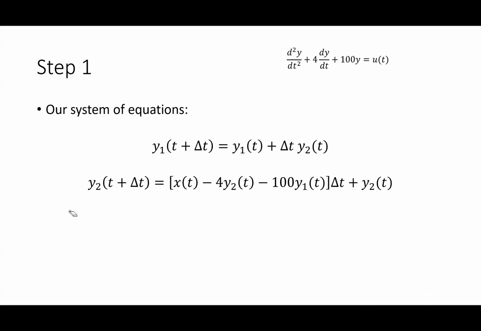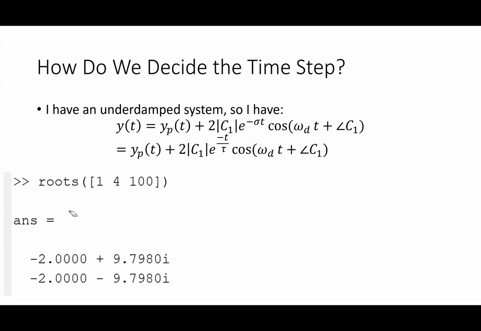All right. So basically, what that means in this particular case is that my response looks like this. I know that I have a constant for my steady state. I don't really care that it's 1/100. I don't even care what the magnitude of C1 is.